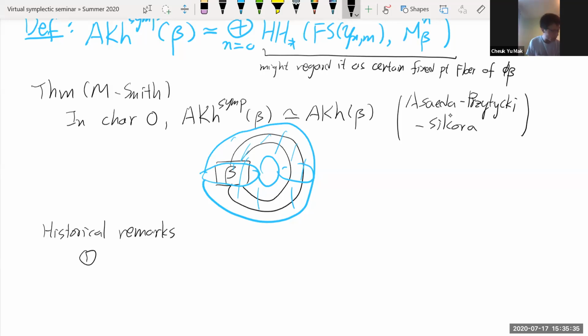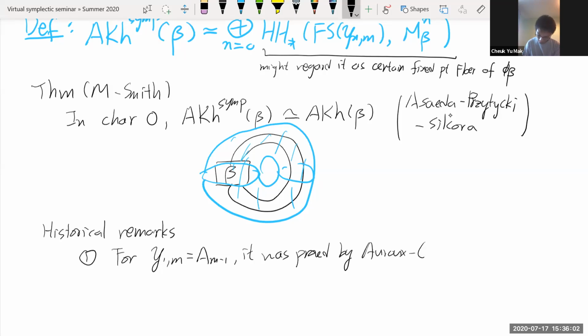The first one is that when n equals 1, so for Y1m, which is Am minus 1, the Müller fiber itself, it was proved by Auroux, Grigsby, and Wehrli.